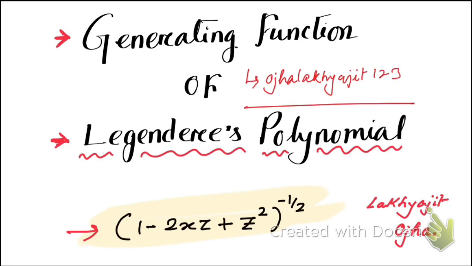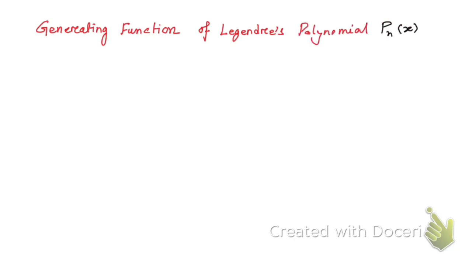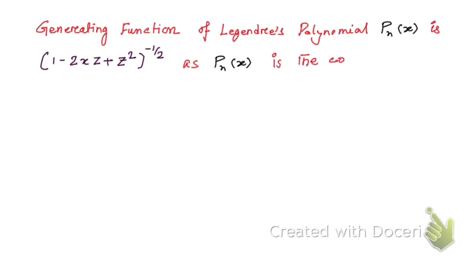So now let's start. The generating function of a Legendre's polynomial Pn of x is this, because you see this Pn of x is the coefficient of z to the power n in the expansion.